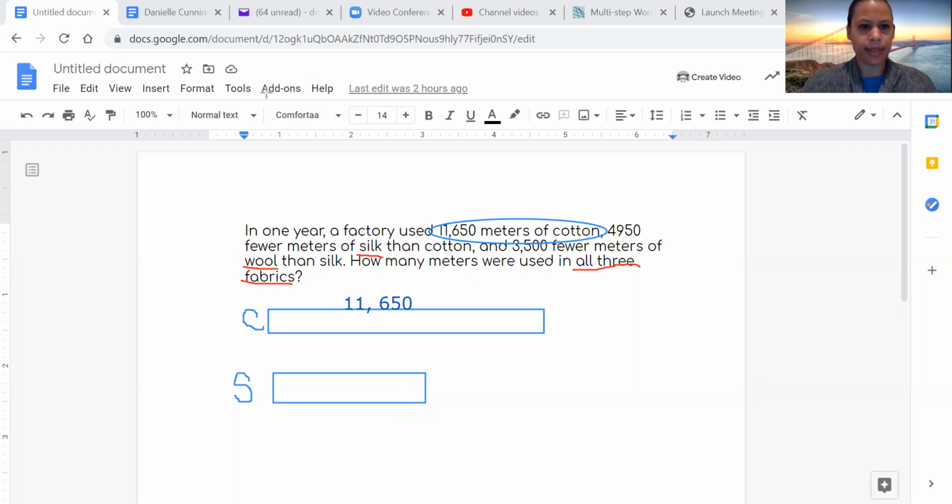And we know that for the silk, we know that this much of the silk right here is 4,950. Then the last part of it is the wool. The wool is fewer too, so we'll draw out our wool.